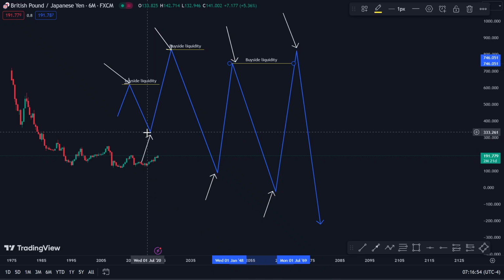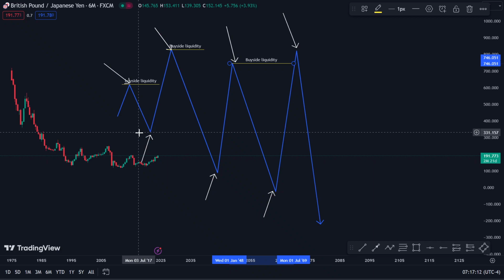Sell stops are the opposite of the buy stops. They are located below each and every swing low.